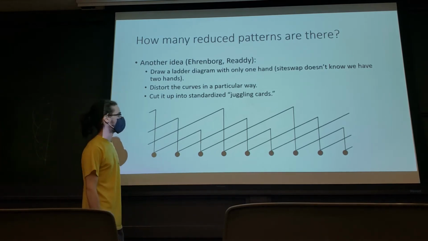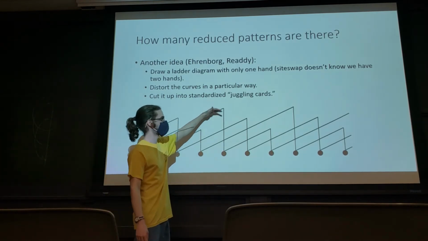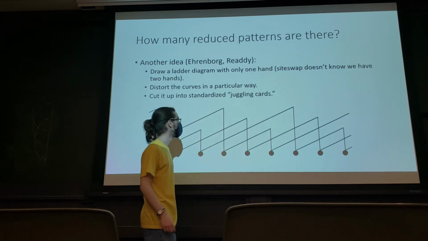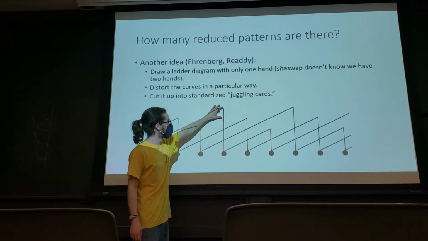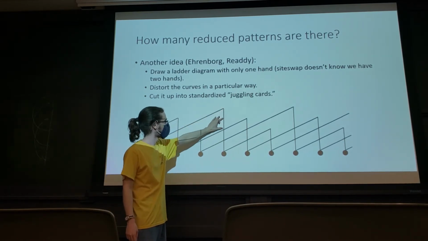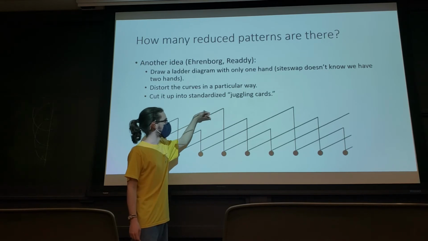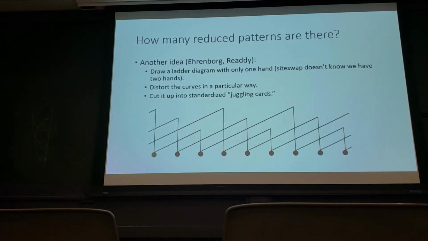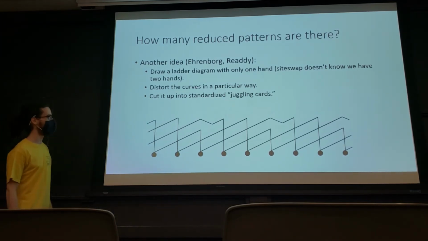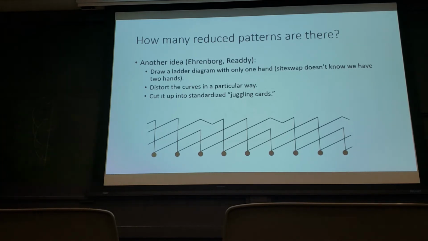The next thing we're going to do is shorten all the peaks as much as possible. So for example, here we're going to move this down by 1 unit. In order to make the lines match up, we're going to bend this line down so it looks like a V. If we do that everywhere, we get this. And now we can cut it up into these juggling cards.